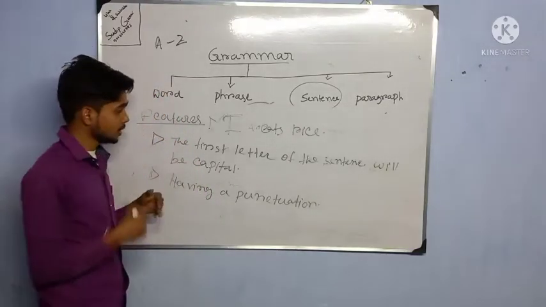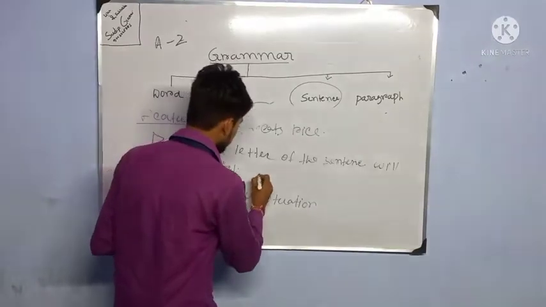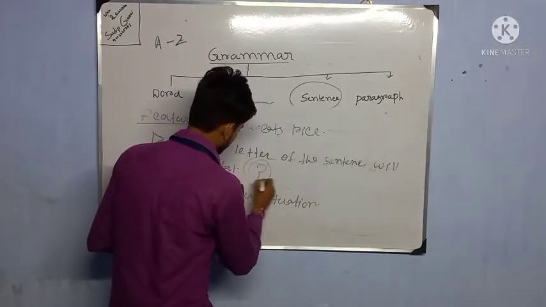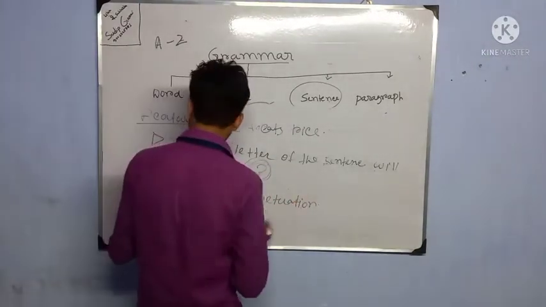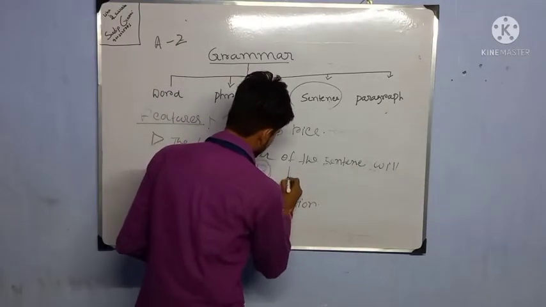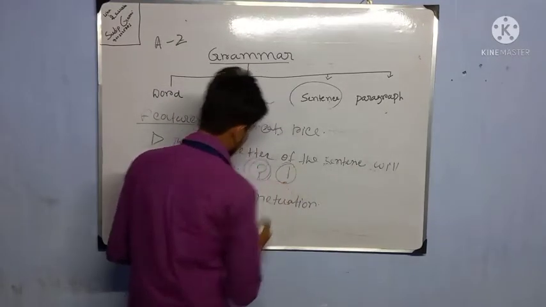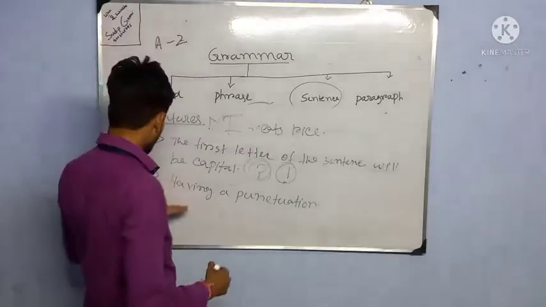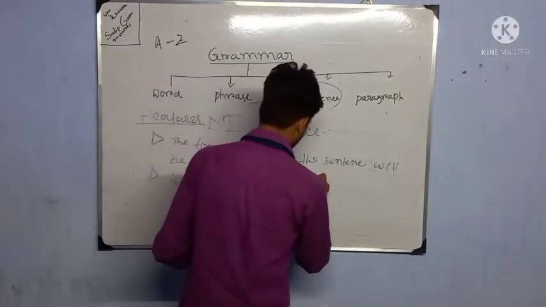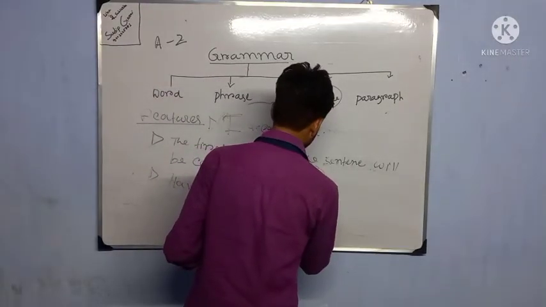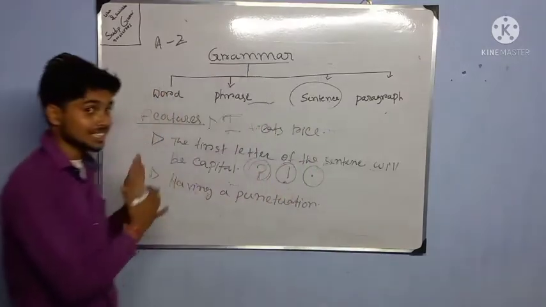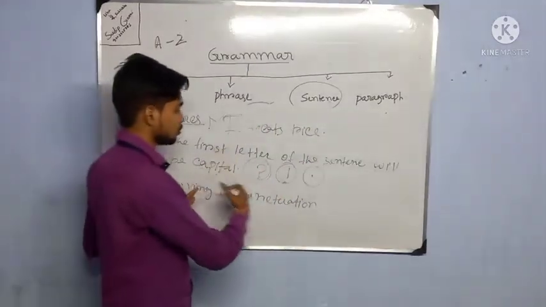Look at interrogative sentence. Its punctuation is the question mark. Exclamatory sentence, its punctuation will be the exclamation mark, and assertive sentence or imperative sentence, its punctuation will be full stop. So this is the sign, or this is the punctuation.